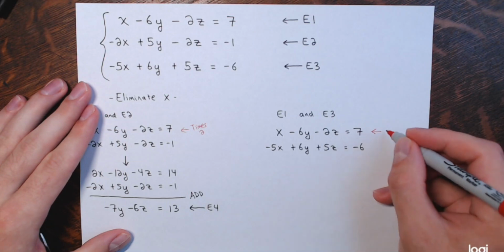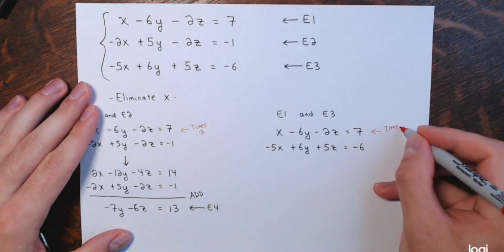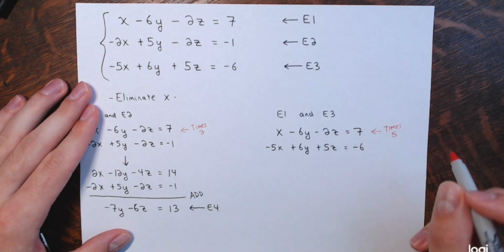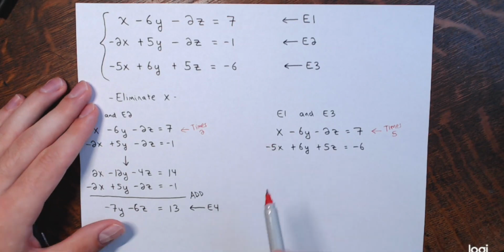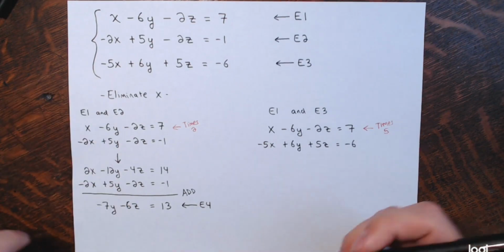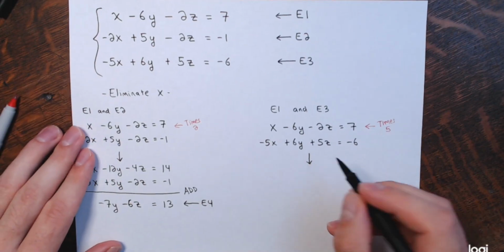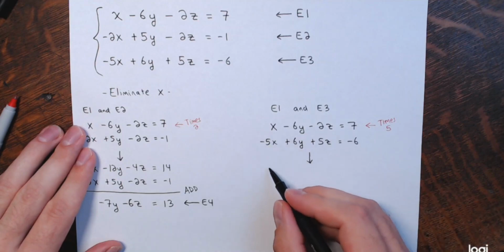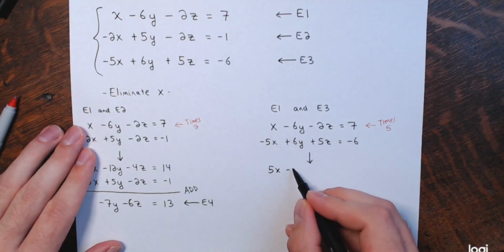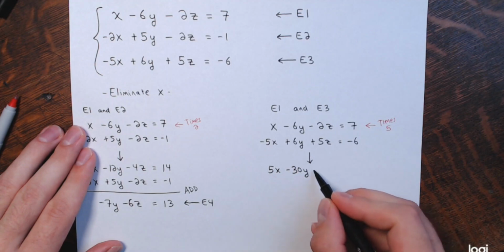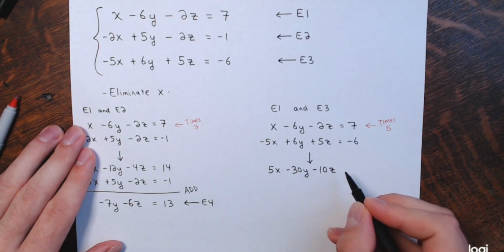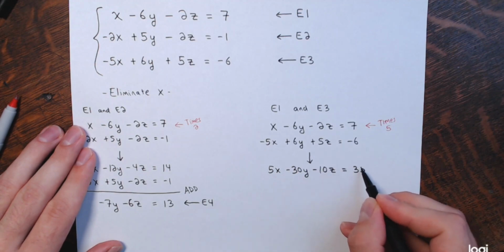Easy to do here, just multiply the top equation, every term, both sides, by 5. And that'll give me 5x and negative 5x. And so if I do that, the top equation becomes 5x minus 30y minus 10z equals 35.